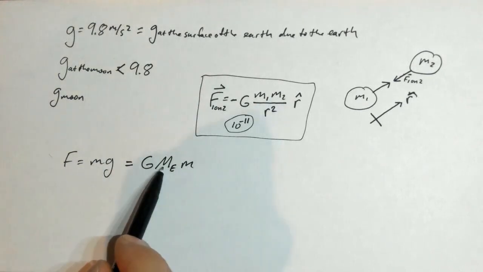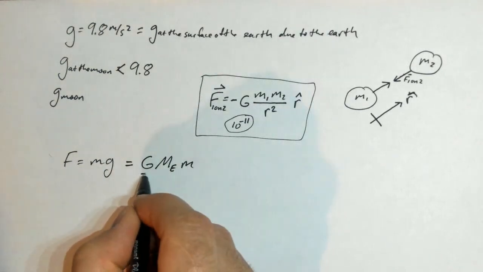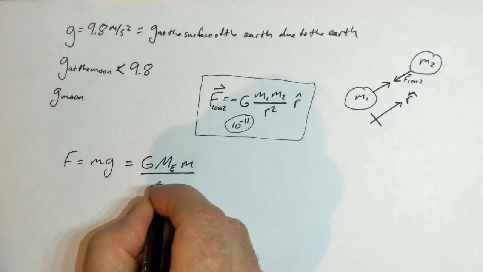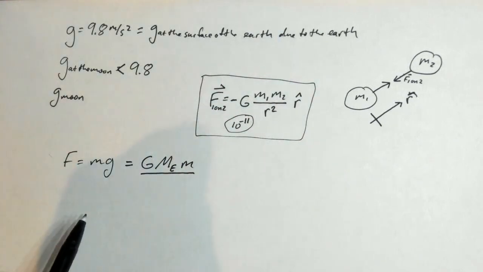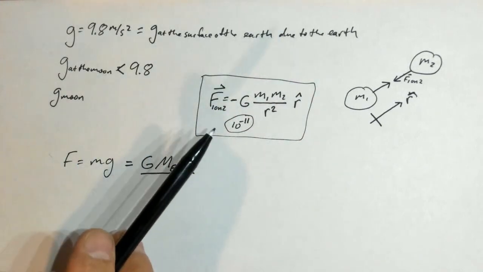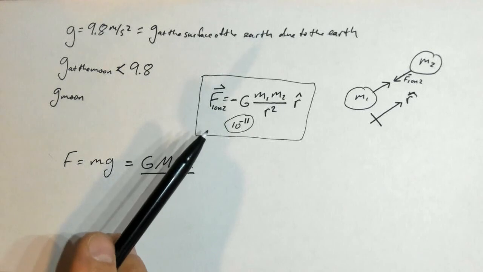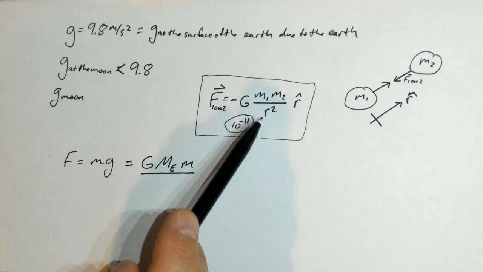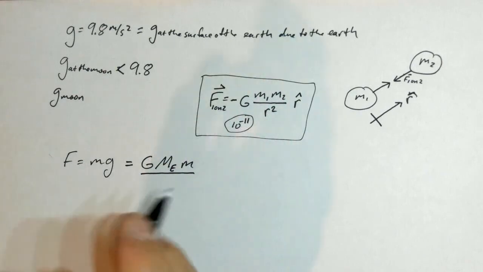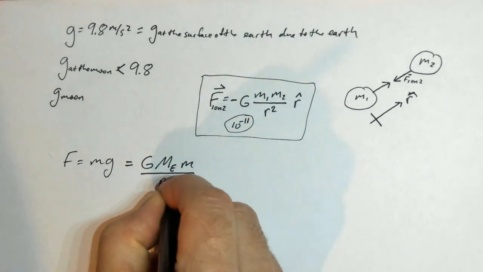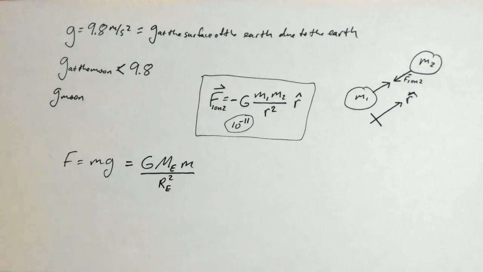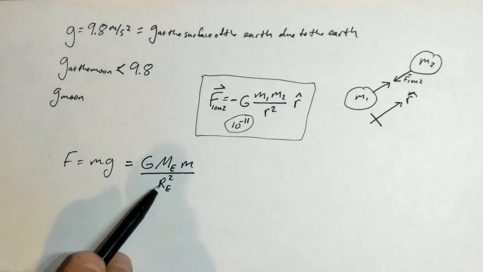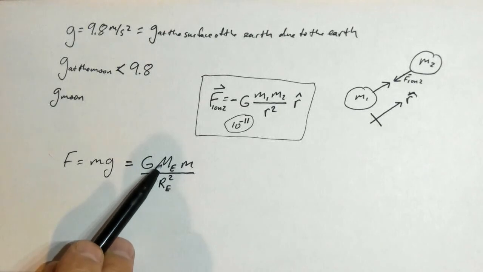And divided by, well, I'm standing on the surface of the Earth, which means the distance between me and the Earth is not 0, but the radius of the Earth, because this is measured from the centers of the objects, not the surfaces. So this would become RE squared.